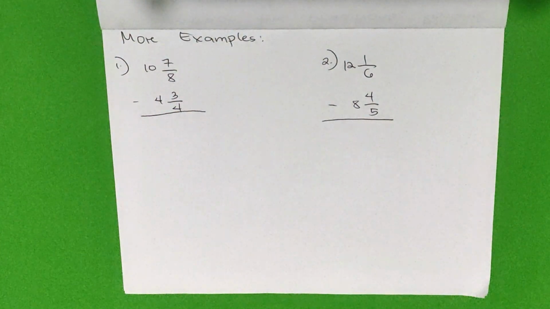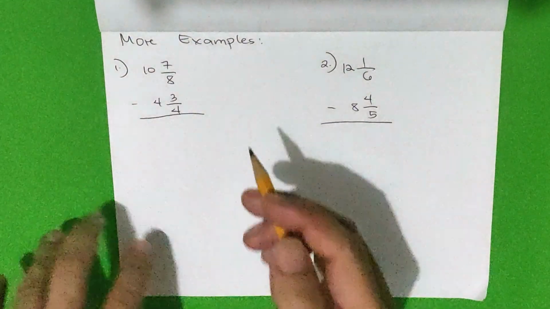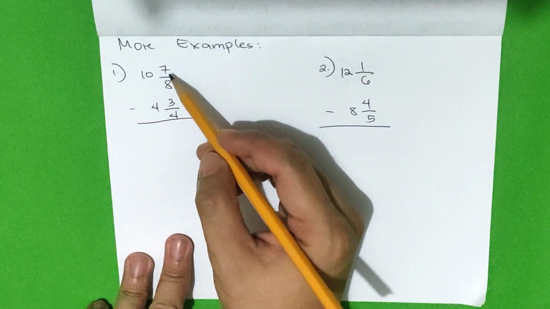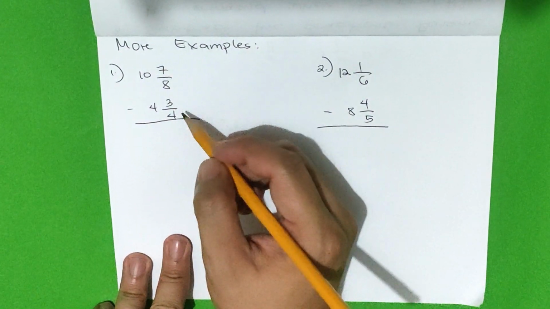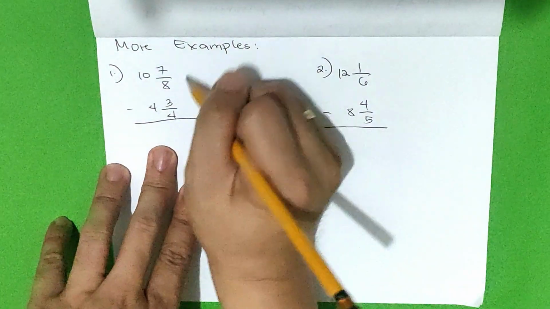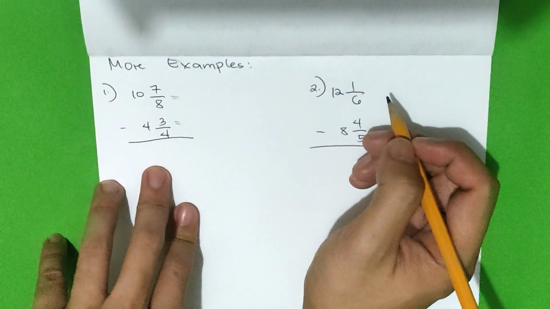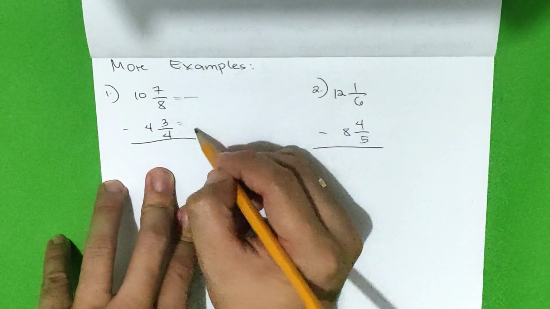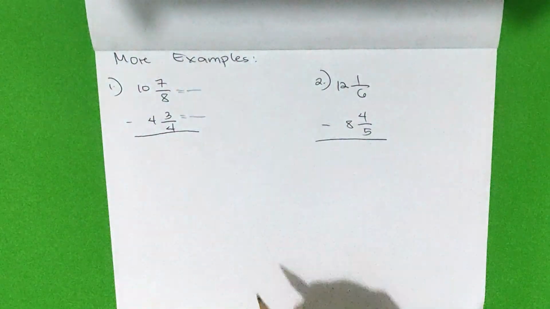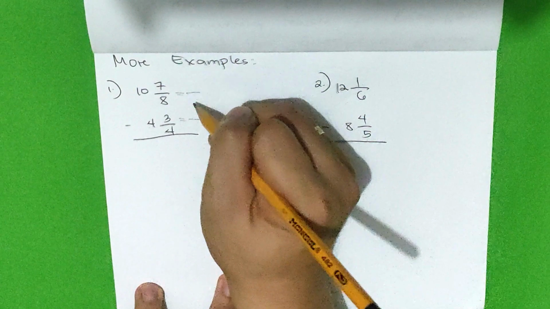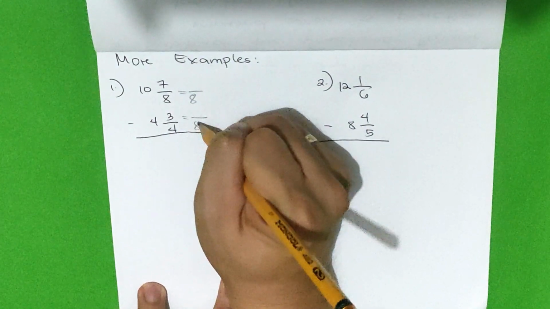Here are more examples. Let us subtract 10 and 7/8 and 4 and 3/4. Since our set of fractions are dissimilar fractions, let us find their LCD. So what is the LCD of 8 and 4? Correct, it's number 8.